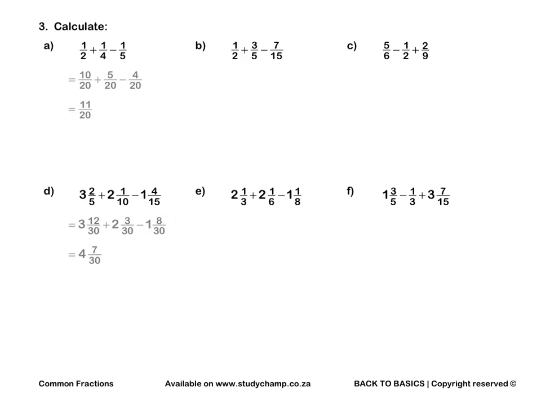Now, working from left to right, 3 plus 2 is 5, and 12 plus 3 30ths gives us 15 30ths. Then we still need to minus. 5 minus 1 is 4, and 15 30ths minus 8 30ths is 7 30ths. Press pause to complete E and F by yourself. When you are done, use the memo to mark all your answers on this page.